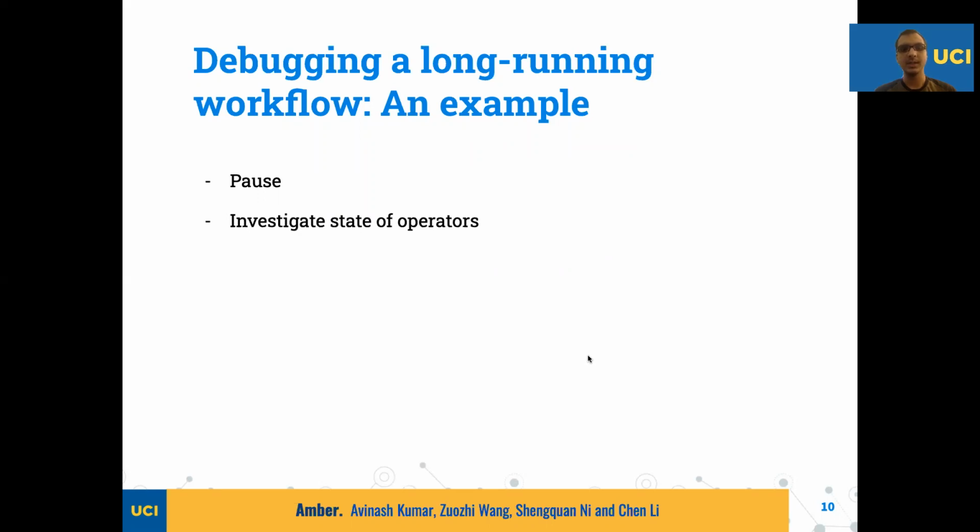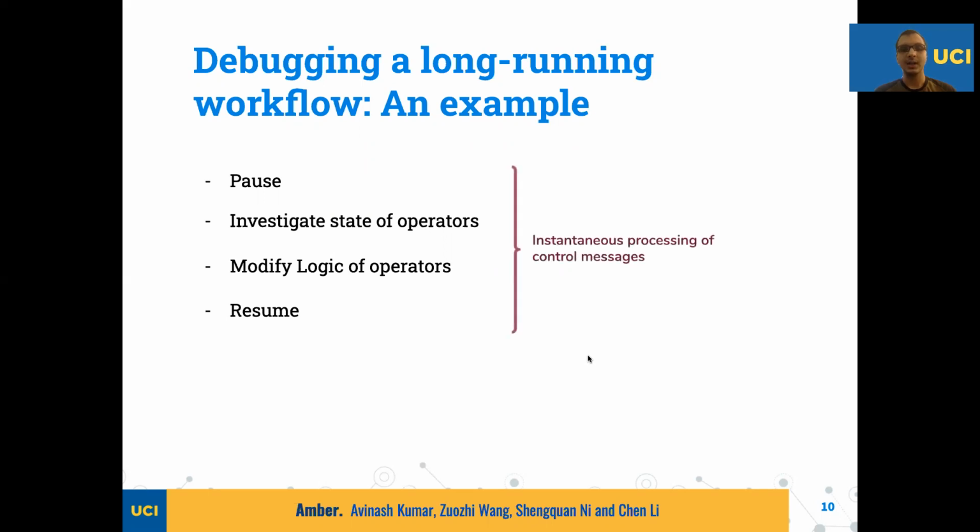If he notices that some of the parameters of an operator need to be changed, he can go ahead and change them. Once the user has modified the operators, the workflow can be resumed. The new incoming data will be processed according to the new logic, and there is no need to restart the workflow.